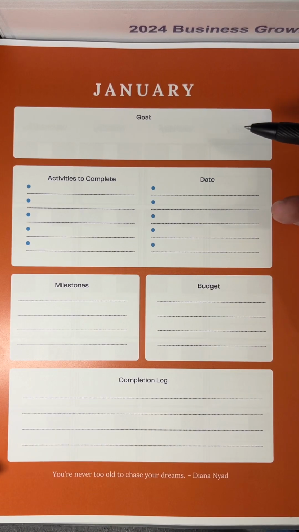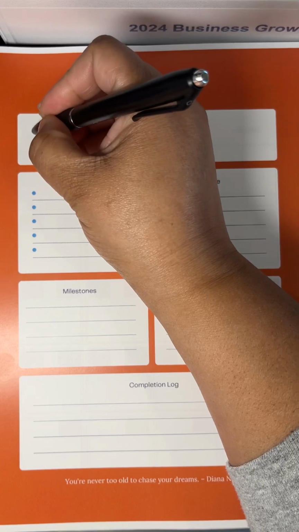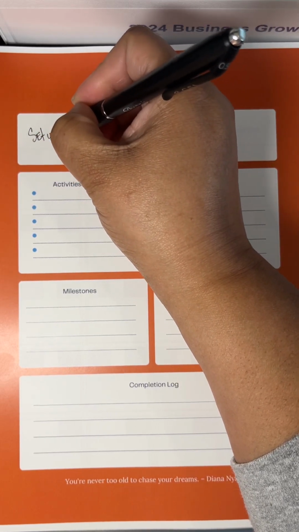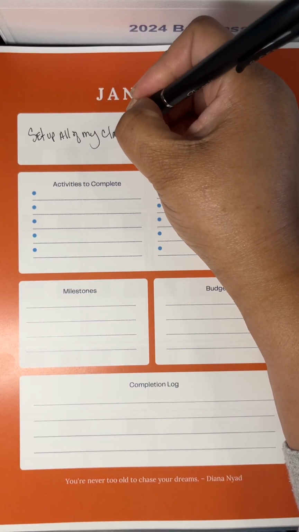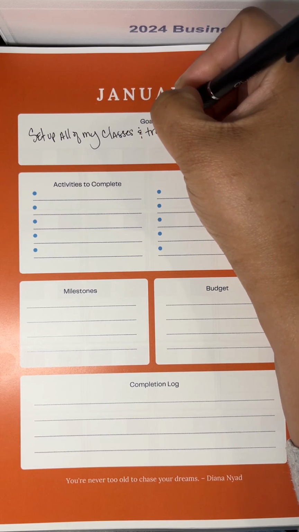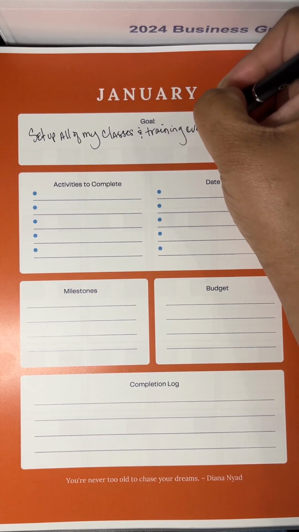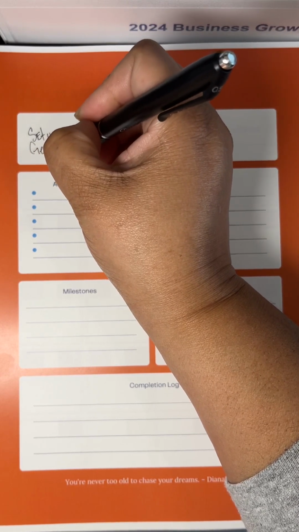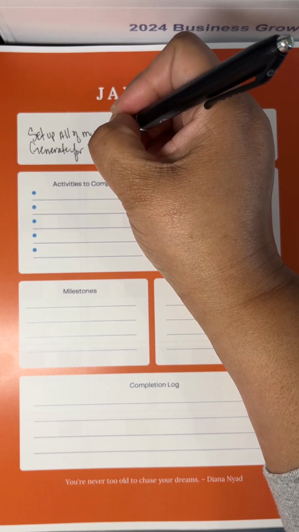So one of the goals that I had set for January was to set up all of my classes and training events, and to generate sales for the training events.